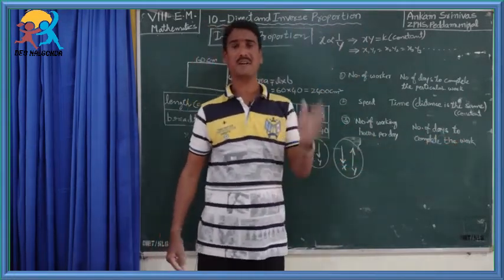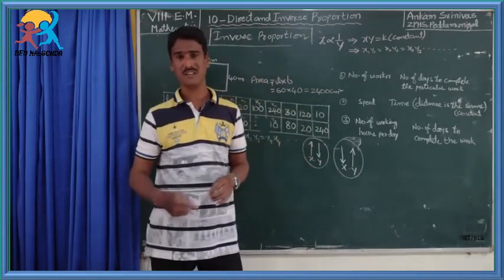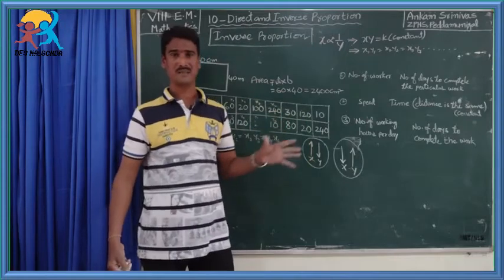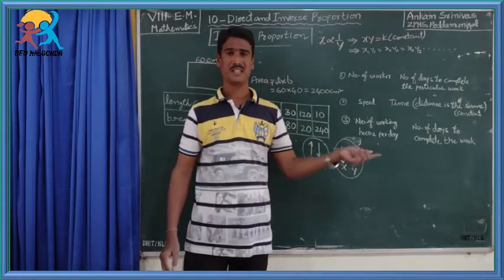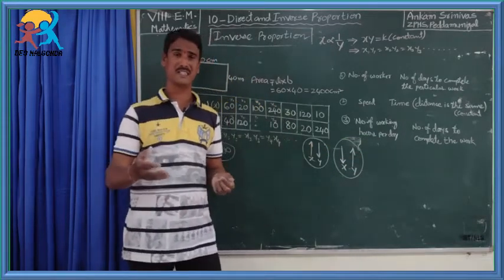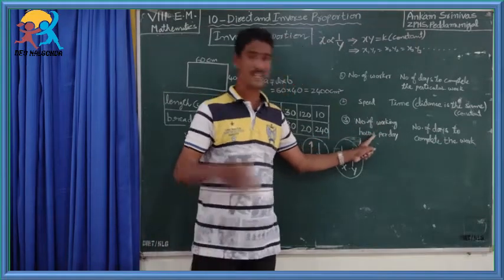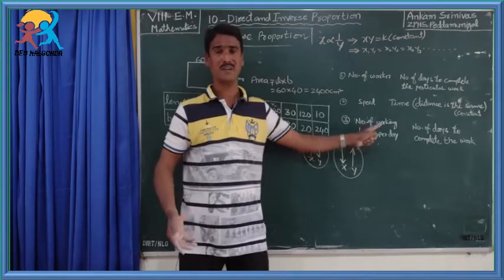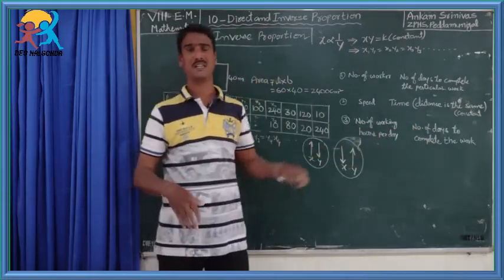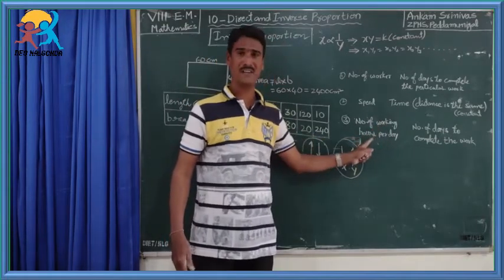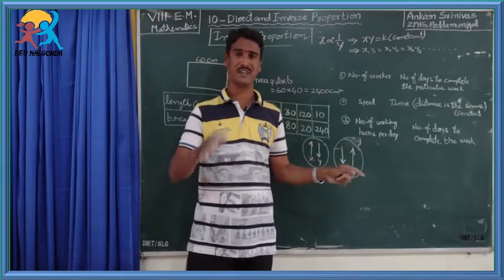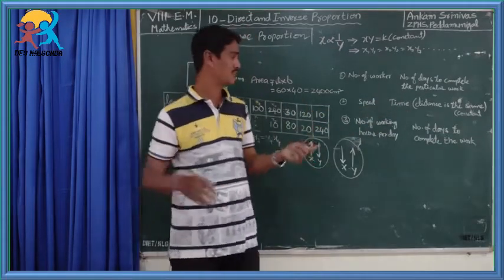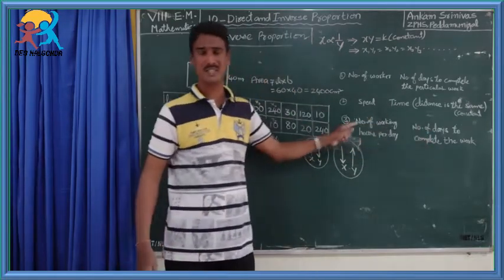If the working hours per day increase, then the number of days to complete the work will decrease. Suppose a team of 20 members works 8 hours per day, and the number of days, let us suppose, is 20. If the number of working hours per day increases, to 12 hours or 10 hours, the number of days to complete the work will decrease. Suppose the working hours per day decrease, from 8 hours to 4 hours or 6 hours per day, then the number of days to complete the work will increase. So clearly we can say these two are inversely proportional.